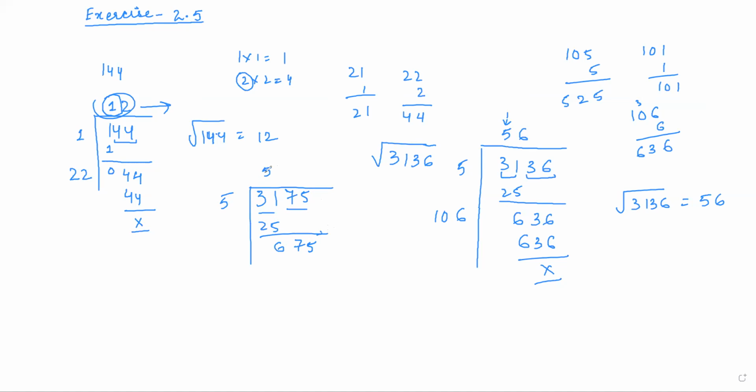Now 2 into 5 is 10, right? So now see, 105 into 5 is 525. 106 is 636, which is I think very close to 75. So 6 into 6 I can use, which is 636. So 15 minus 6 is 9. Then here you have 6 minus 3 is 3. So 39 is my remainder.